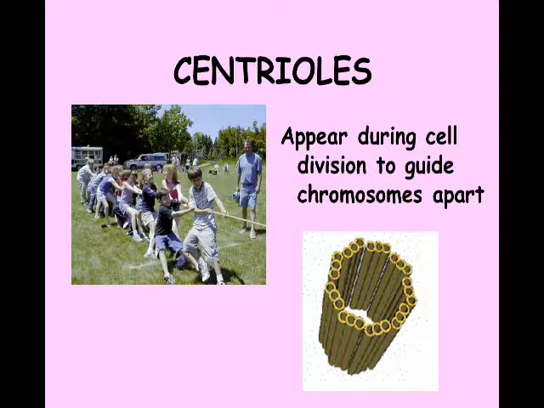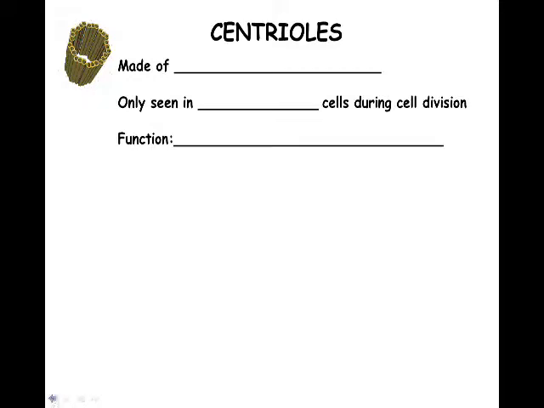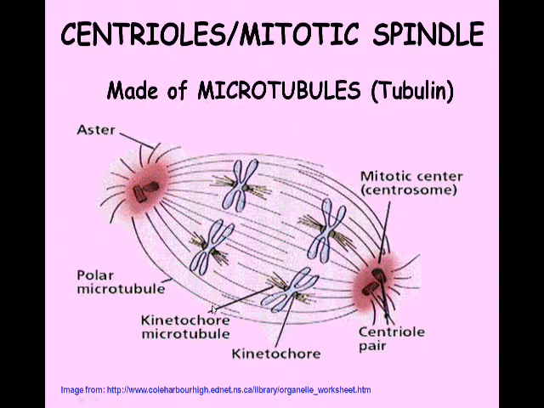and their job is to guide the chromosomes apart during cell division. So if you look at that mitotic spindle, the little strings that move the chromosomes apart, the spindle fibers are made out of microtubules.